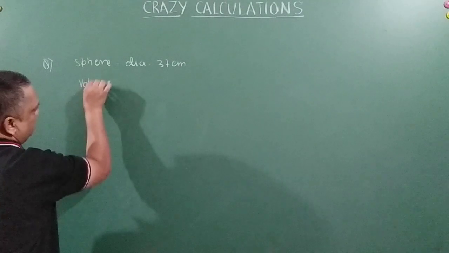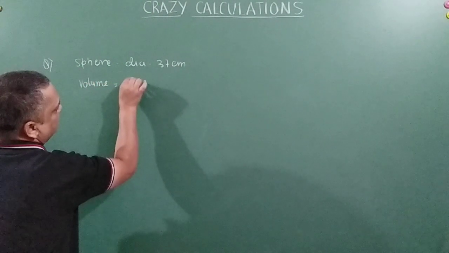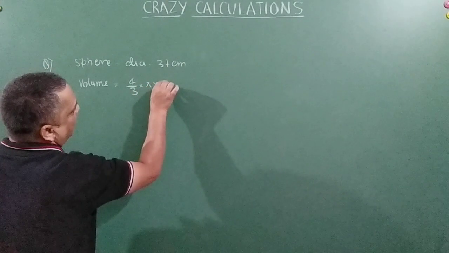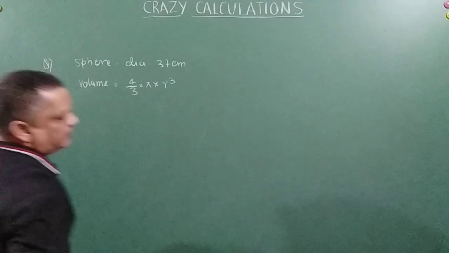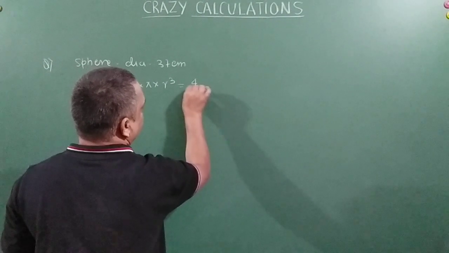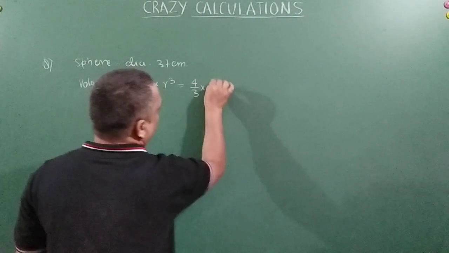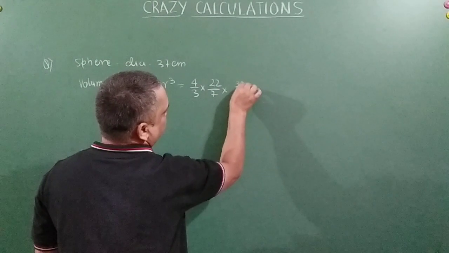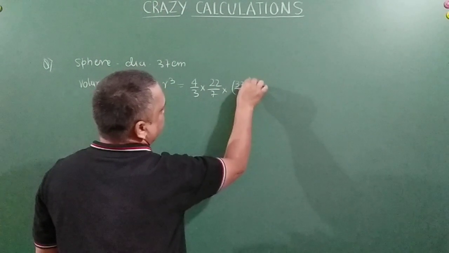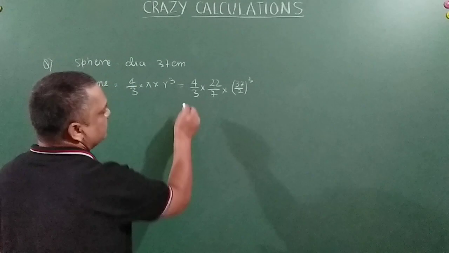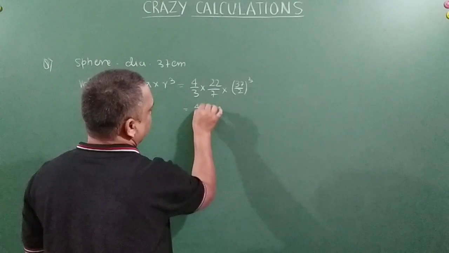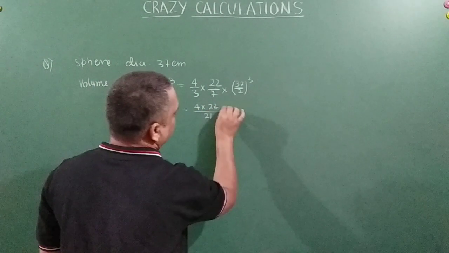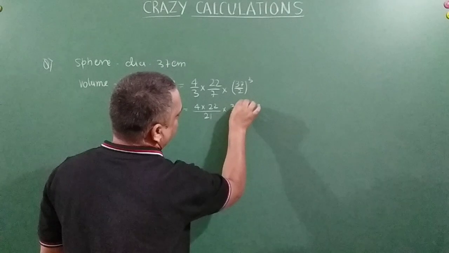Volume is equal to 4 by 3 into pi into r cube, which is also equal to 4 by 3 into 22 by 7 into r cube, that is 37 by 2 cube. This can also be written as 4 into 22 into 37 cube divided by 21 into 8.